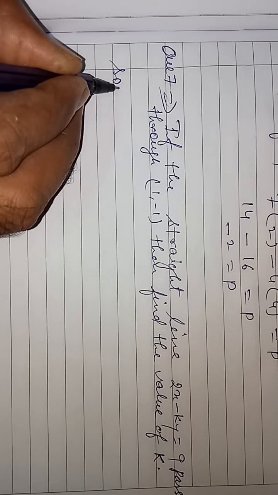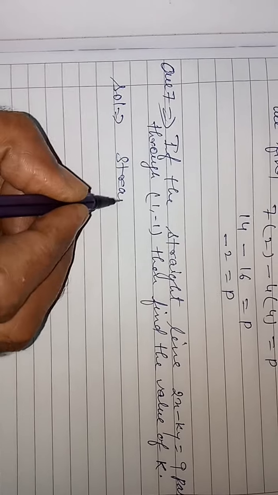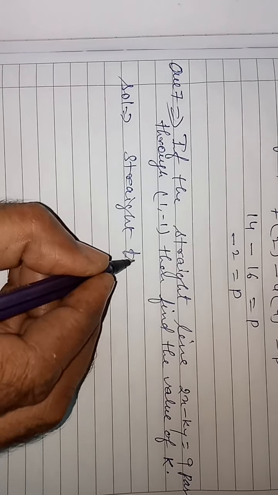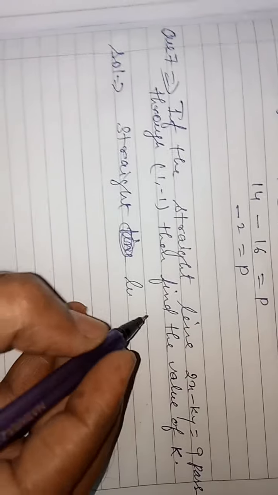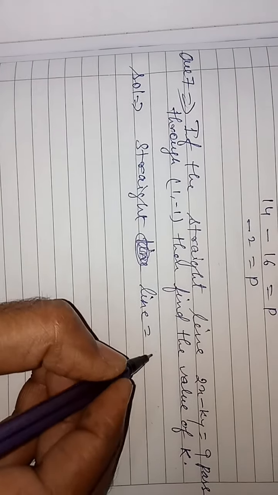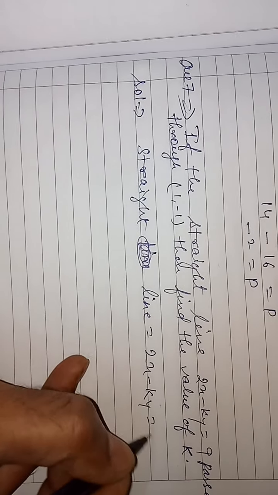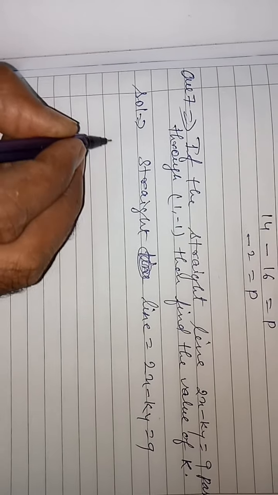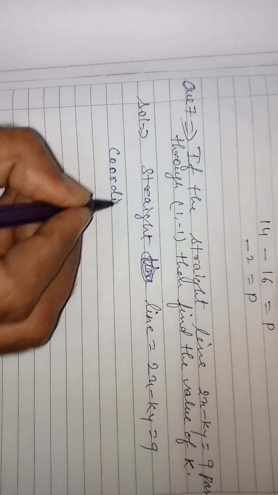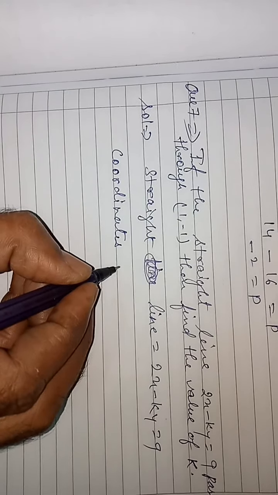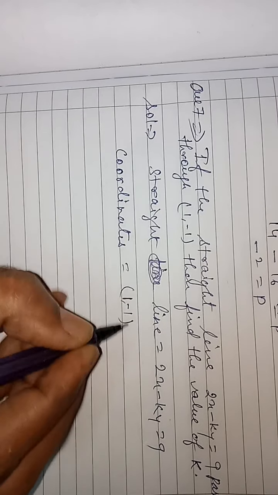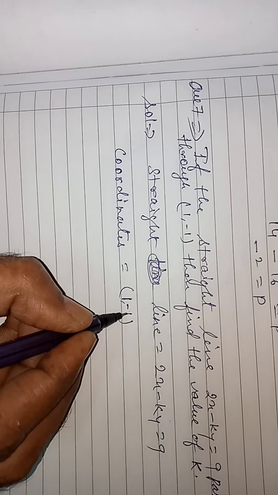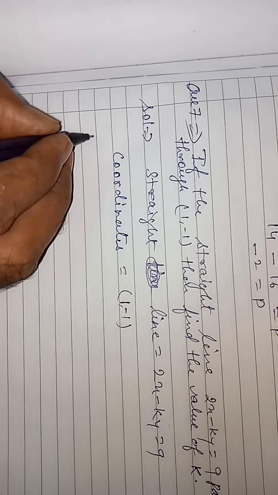The straight line is 2x minus ky equal to 9. The coordinates are 1, minus 1. You know that when we write this, the first is x and the second is y.